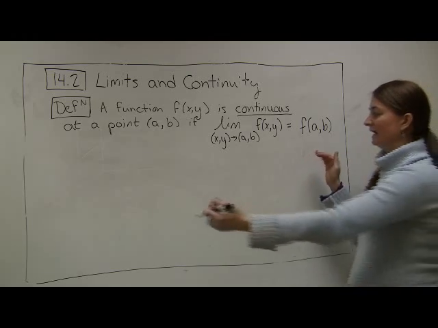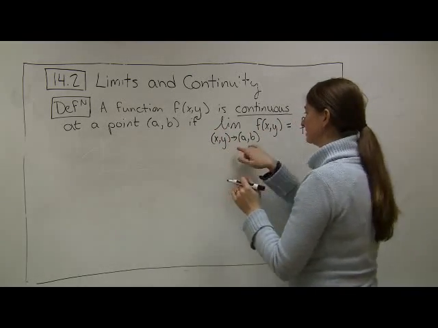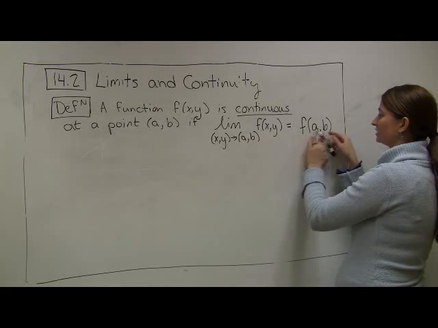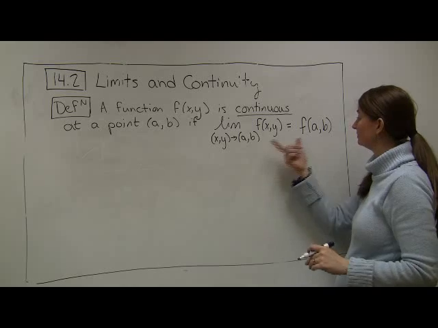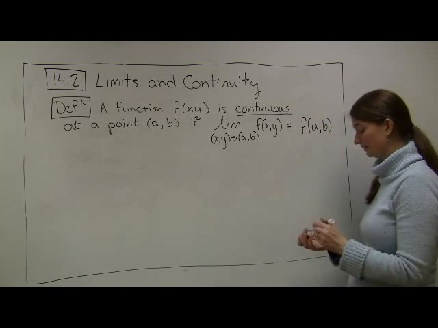So that means that as I take all of these different paths that are zooming in to this point AB, I want to make sure that they're actually zooming into the right place, that my limit is exactly equal to whatever the function value is right at that point AB.